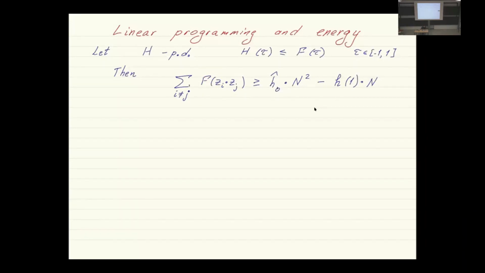And again, the proof is pretty easy. Let me still normalize the left-hand side by n squared. You just use the fact that f majorizes h. And now I'll drop the condition that i is not equal to j.